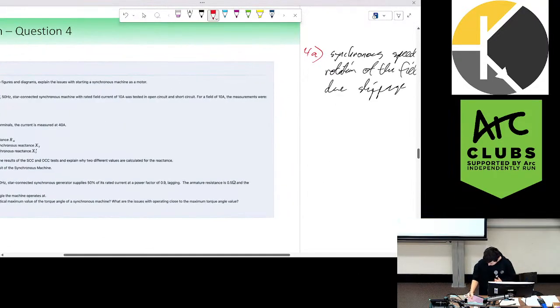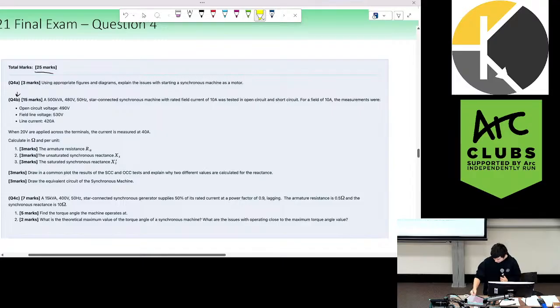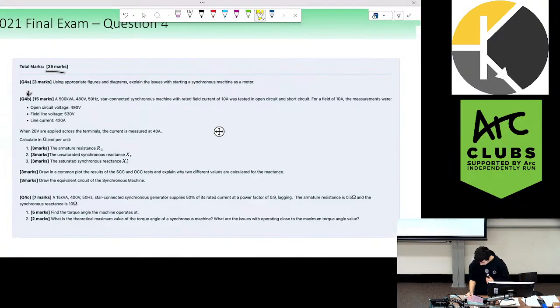Let's look at 4B. Now, 4B, we have a 500 kilovolt amp, 480 volt, 50 hertz, star-connected synchronous machine with a rated field current of 10 amps, and it was tested in open circuit and short circuit tests for a field current of 10 amps, so it's running at the rated field current.